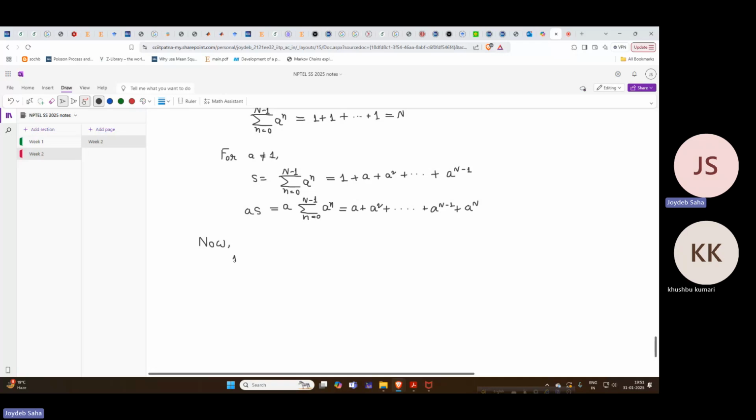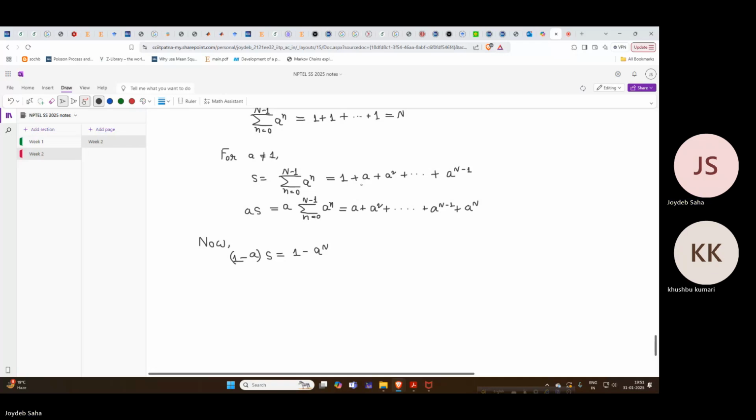That means 1 minus a into S, equal to 1 minus a to the power n.